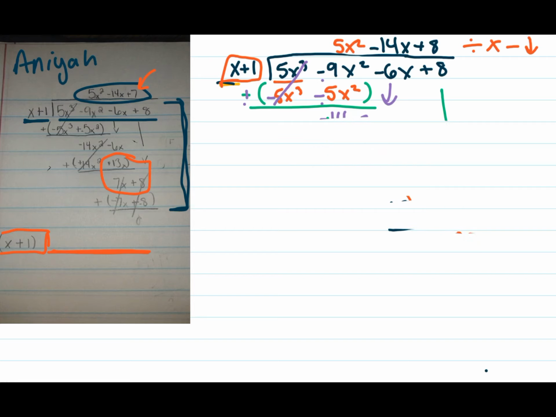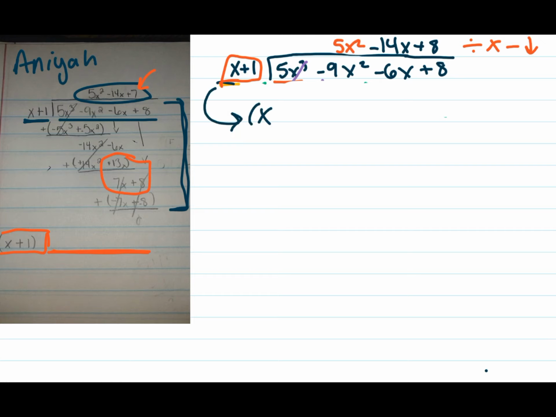Alright. So we did all that awesome work. Alright, and remember what this means. This means that we have x plus 1 times 5x squared minus 14x plus 8 left. And so the Khan Academy assignment says listed as linear factors, so clearly we need to break this down.